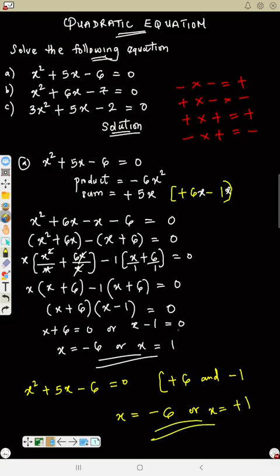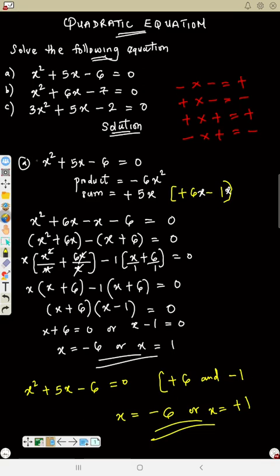If you compare with this, remember 1 is still plus 1. I told you I may not write plus, so it's the same. That means without solving all this process, you can easily use your factors. Your factors are always your final answer; your roots are always the final answer.